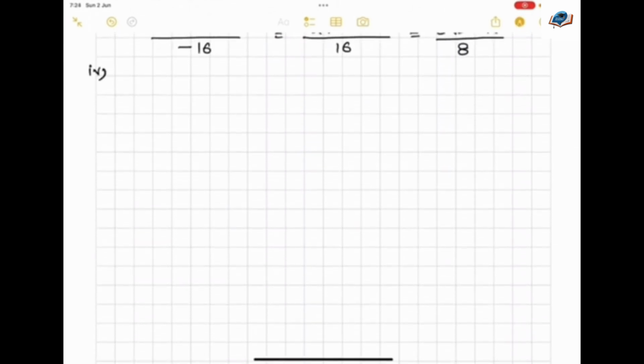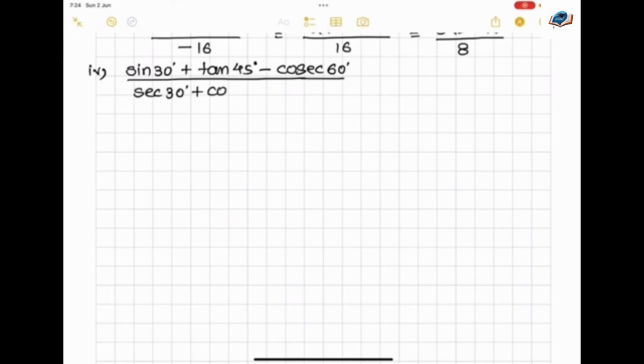Now fourth one, sine 30 plus tan 45 minus cosec 60 whole upon sec 30 plus cos 60 plus cot 45.